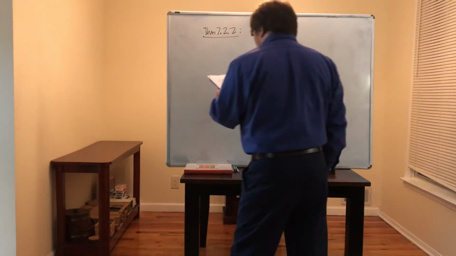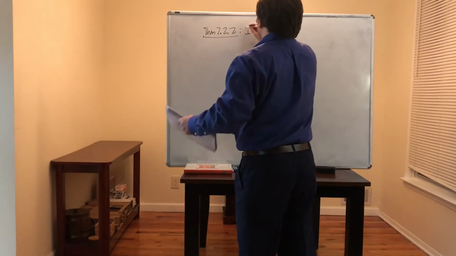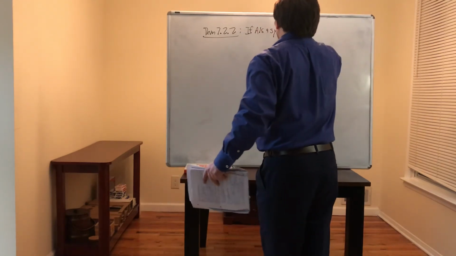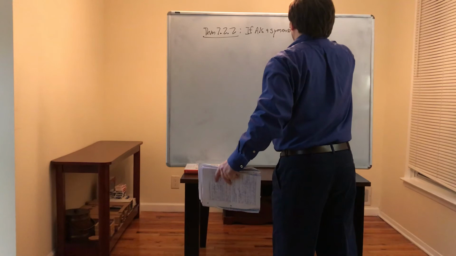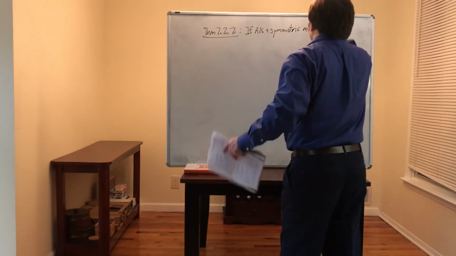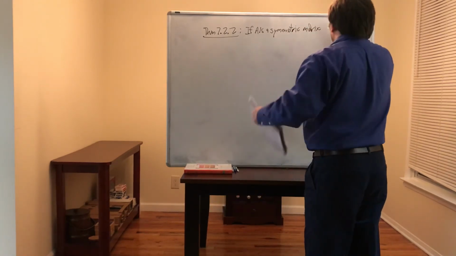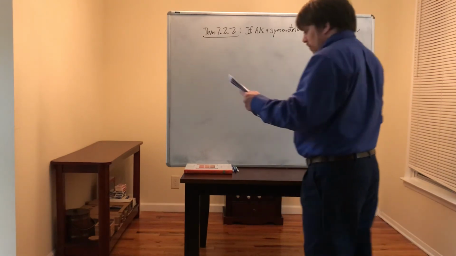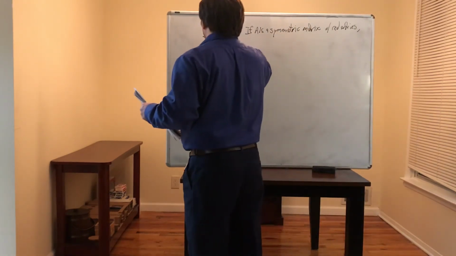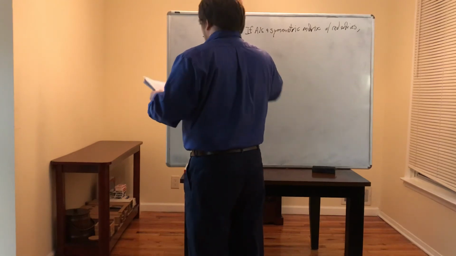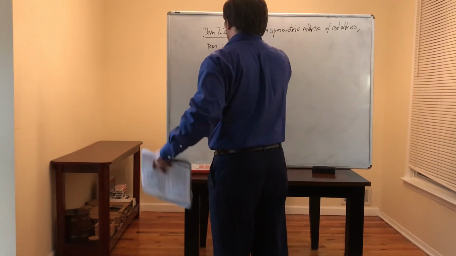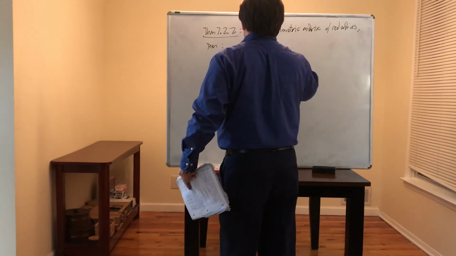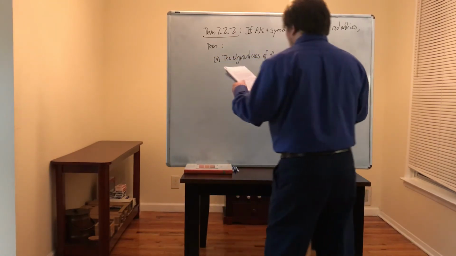So theorem 7.2.2. If A is a symmetric matrix, so if A is a symmetric matrix with real entries, then statement A: the eigenvalues of A are all real numbers.